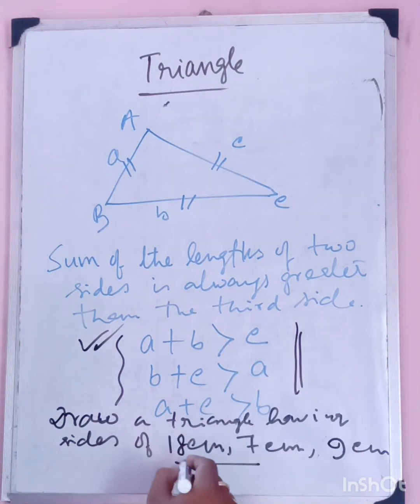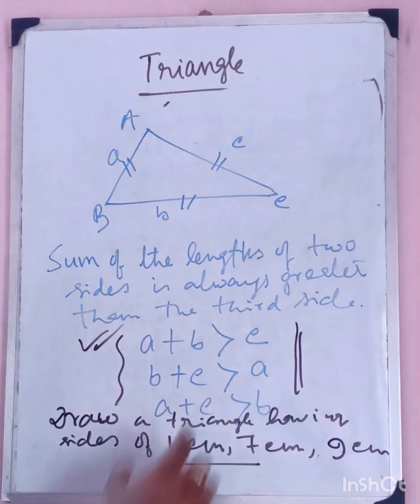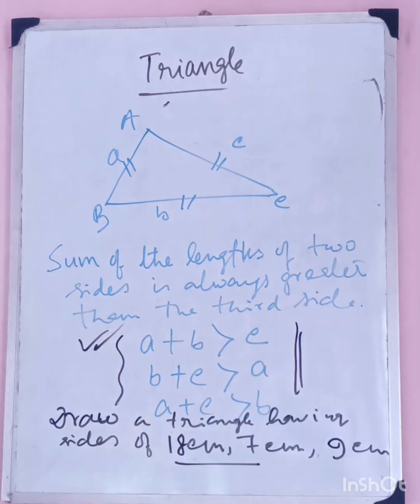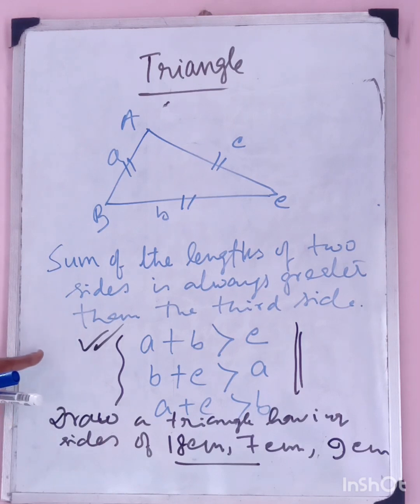So you have to check all the three sums. 18 plus 7, 25 greater than 9, it's okay. 18 plus 9, 27 greater than 7, it's okay. But 9 plus 7, 16 is less than 18. This is not okay. Isn't it? Got the point? So this must be remembered. This is the vital property of triangle.